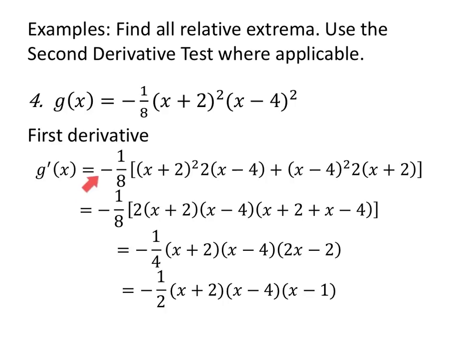So the negative 1/8 I left out in front. When I'm taking the derivative of these two using the product rule, I also have a chain rule. And I will factor out the x plus 2, the x minus 4, and the 2 that both of them have. Condense and simplify. I factor out a 2 here to take care of my 1/4, as this 2 took care of my 1/8. So I have my first derivative.